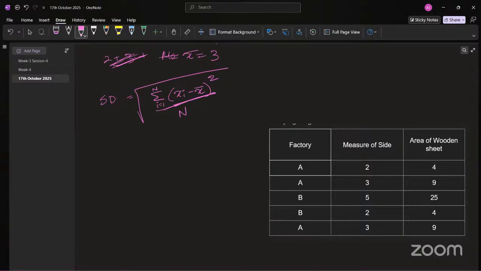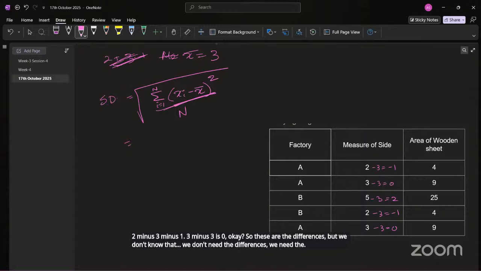We got it. Yeah. So you calculated the mean, right? The mean was 3. Now you calculate the deviation from the mean. So deviation from mean, it is 2 minus 3, that is minus 1, 3 minus 3, 0, 5 minus 3, 2, 2 minus 3, minus 1, 3 minus 3, 0. So these are the differences, but we don't need the differences.